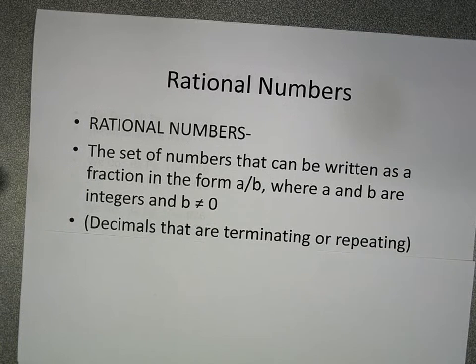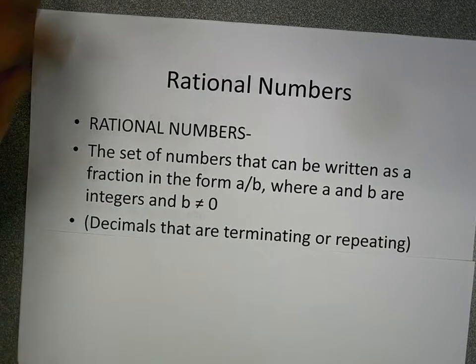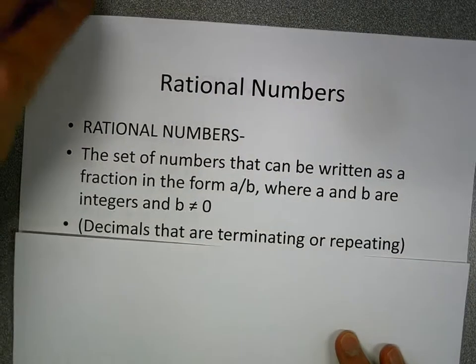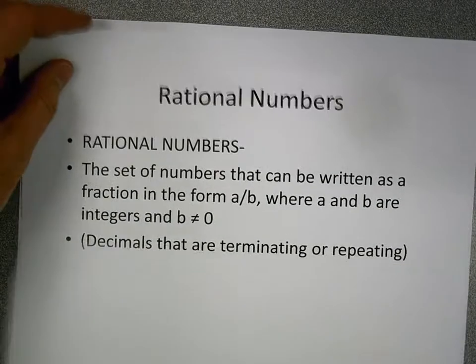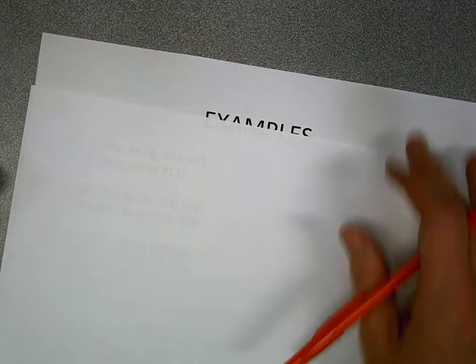All right, with that said, go ahead and grab a piece of line paper. We're going to get into rational numbers and some of our examples that we'll see in our book today. Go ahead, put your first and last name up at the top, period, assignment number, date.